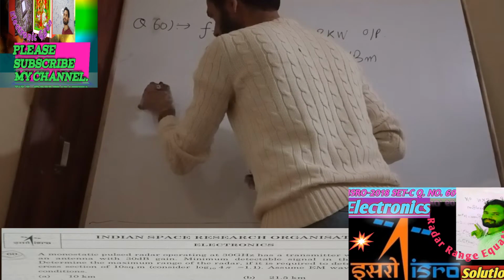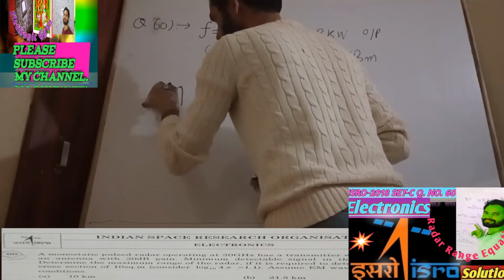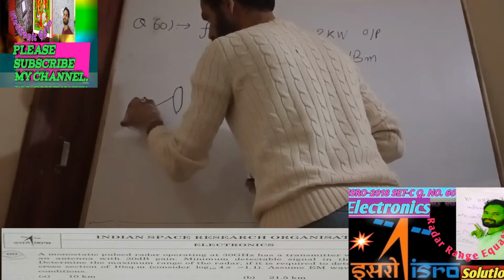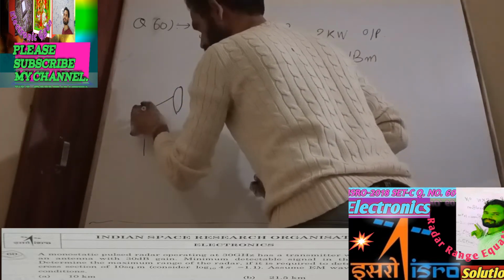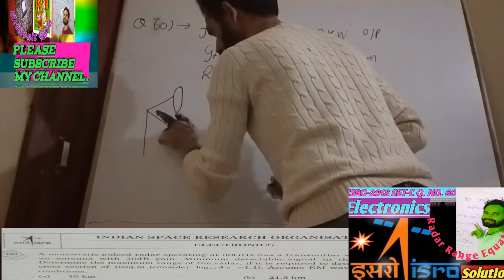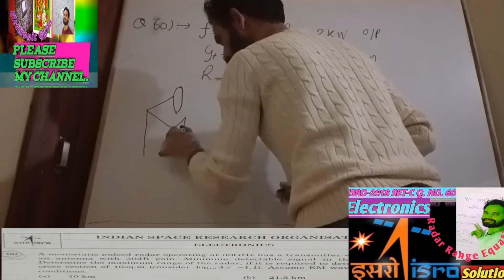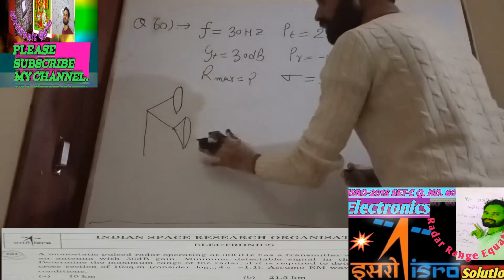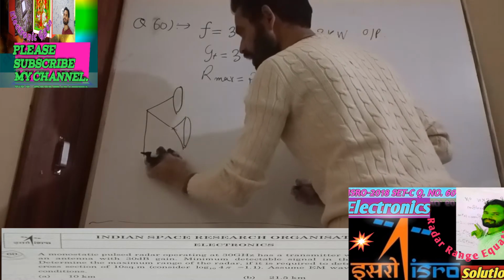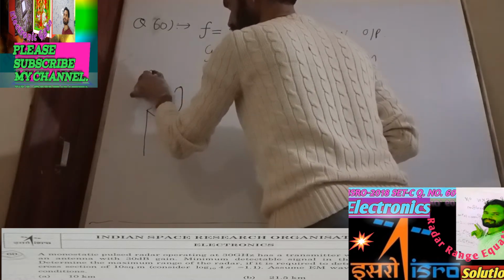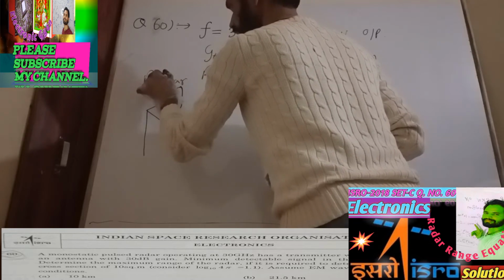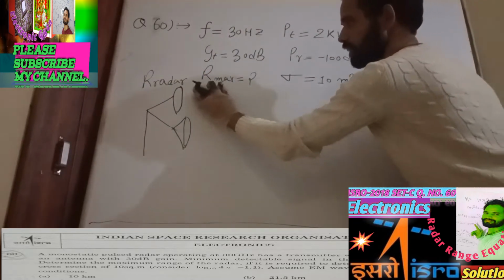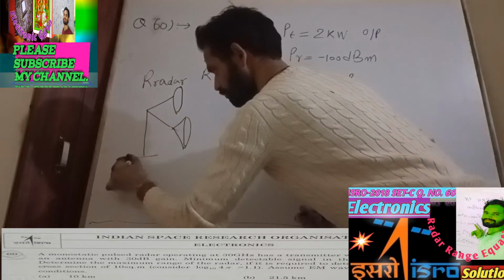See here, this is my transmitting antenna of the radar. Similarly, there is a receiving antenna of the radar.